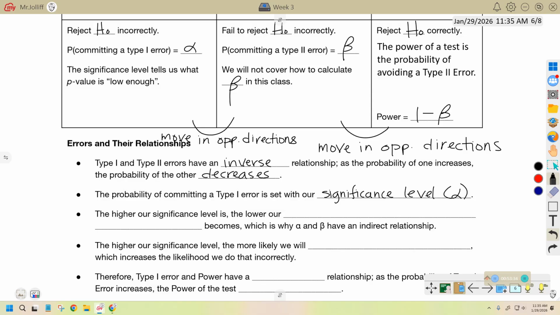the lower the probability. I know how to spell. Why am I having a brain fart? Don't judge me.